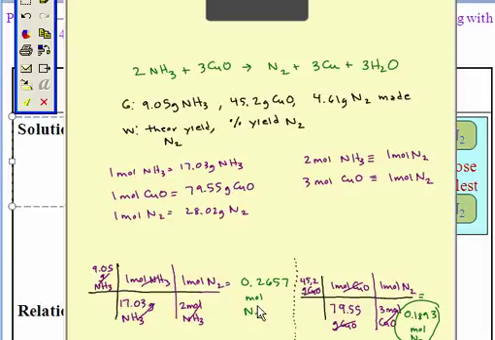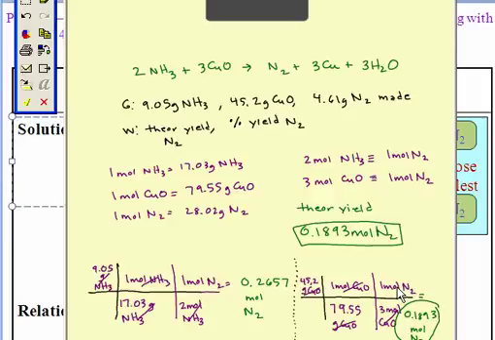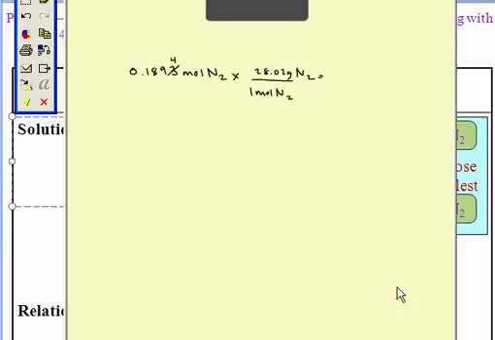So the amount that I can make, my theoretical yield, is 0.1893 moles. Now what I need to do is get this to grams by multiplying it by its molar mass. And let me just point out that in my previous slide I wrote 0.1893. I actually corrected rounded. I should take it to 4.